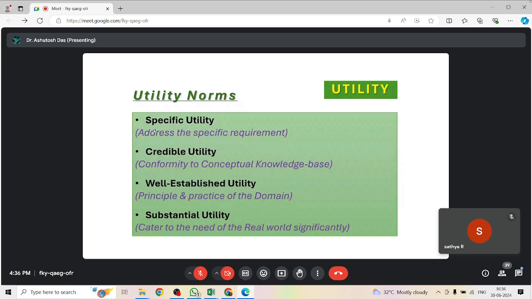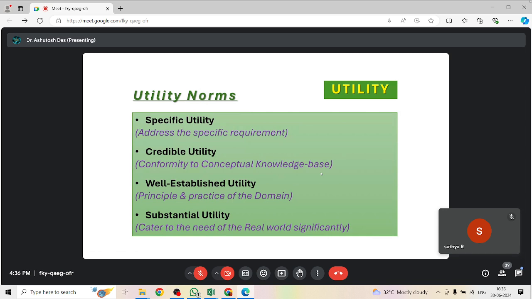Credibility means what? Even so, if it is not possible, if this combination will never work out, and the knowledge base doesn't agree with that, then conceptually it should be matching. Concepts should not be different. We told you one of the exclusions in the Indian Patent Act, Section 3(1).